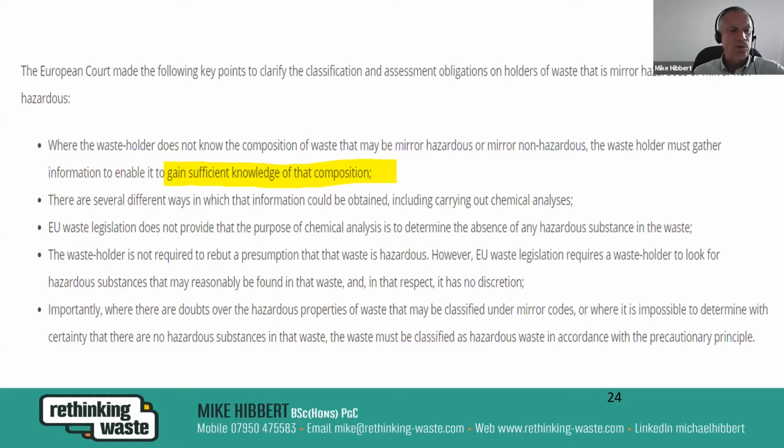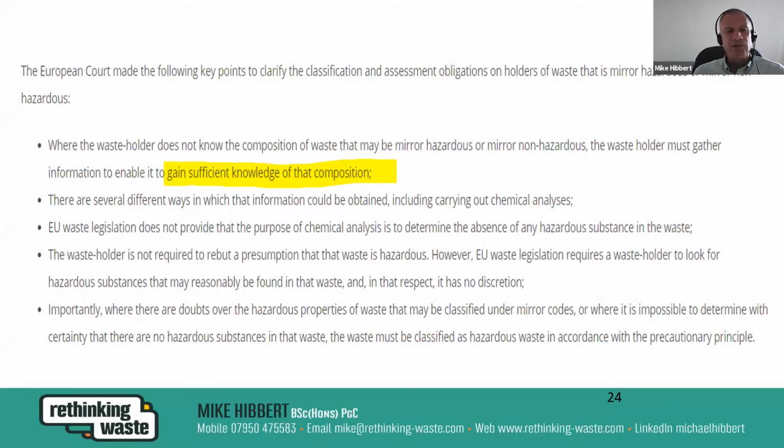It doesn't apply specifically in the UK because it was after Brexit, but there was a piece of guidance that came out in the court ruling in Europe in 2019 that emphasises that waste holders need to be aware of the composition and determine as much as they can, through gaining sufficient information on the composition, whether something is a mirror hazardous or a mirror non-haz.